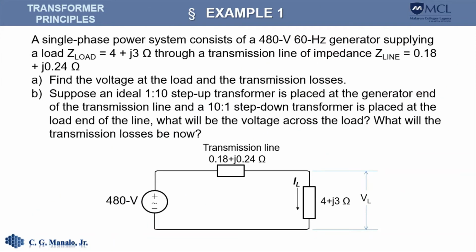Let's take this example. Let's say I have a load of 4 plus j3 ohms, and that load is connected to a 480 volt generator via a transmission line that has a small impedance.